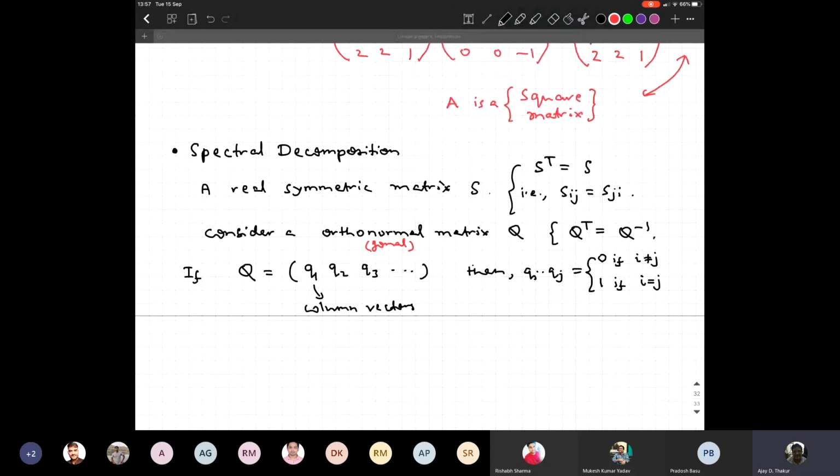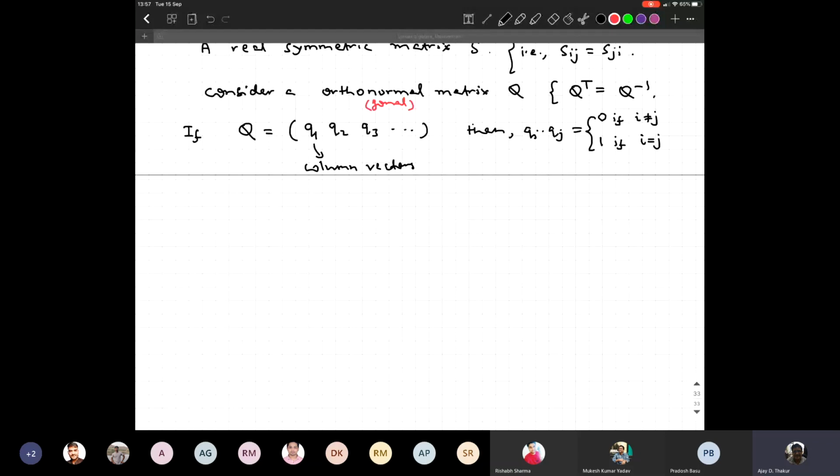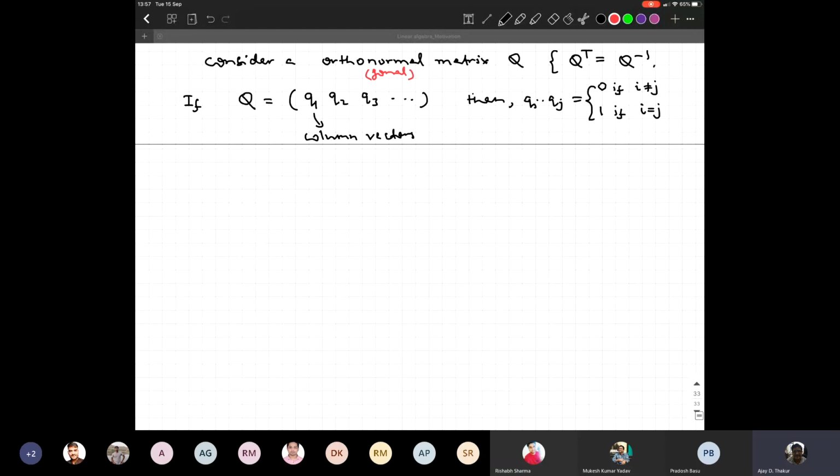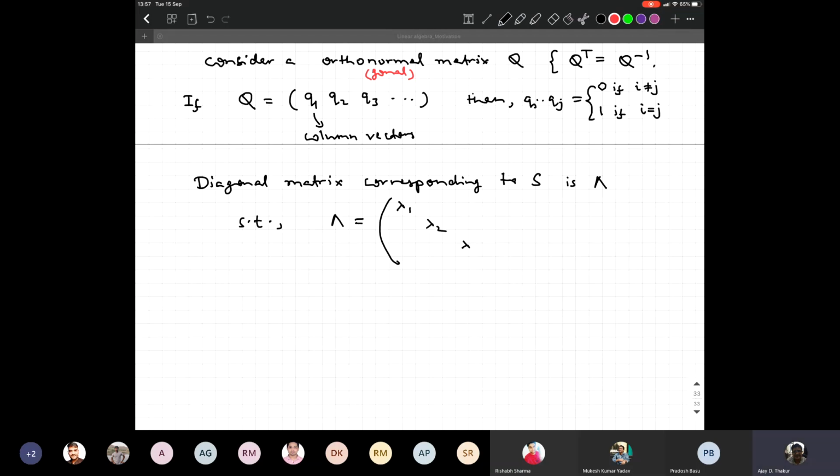So now with this, what we next consider is for the matrix S, if there is a corresponding diagonal matrix, say lambda, such that lambda is essentially all the eigenvalues along the diagonal and zeros everywhere else.